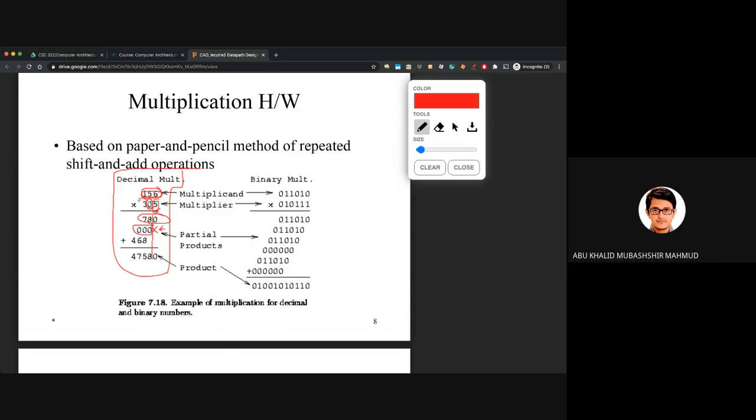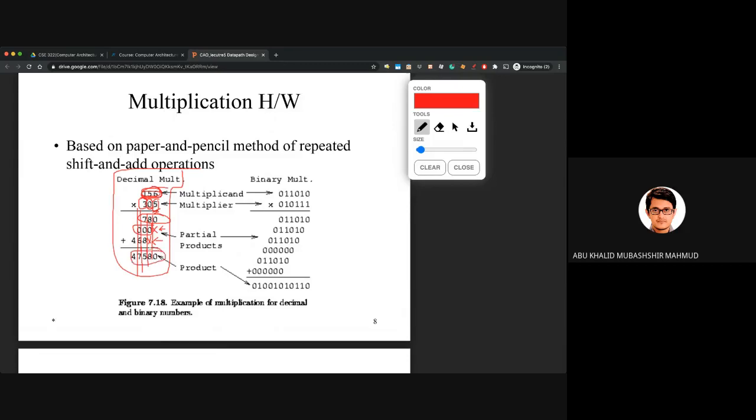Then we use this digit and multiply the multiplicand, shifting another bit to the left, and then we add these digits at their positions and get the final product.